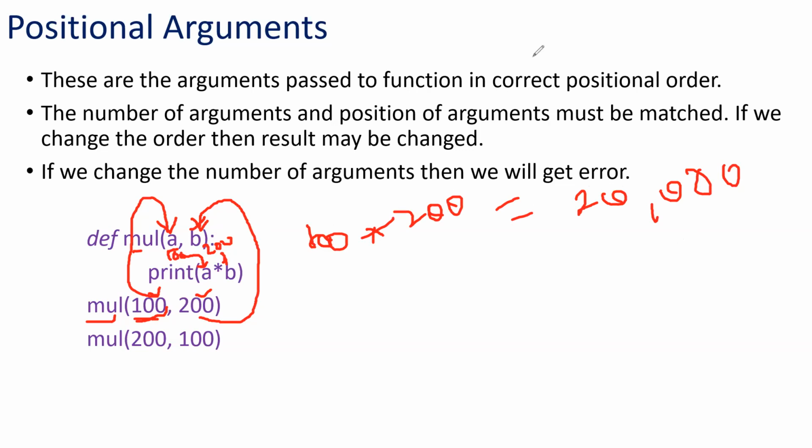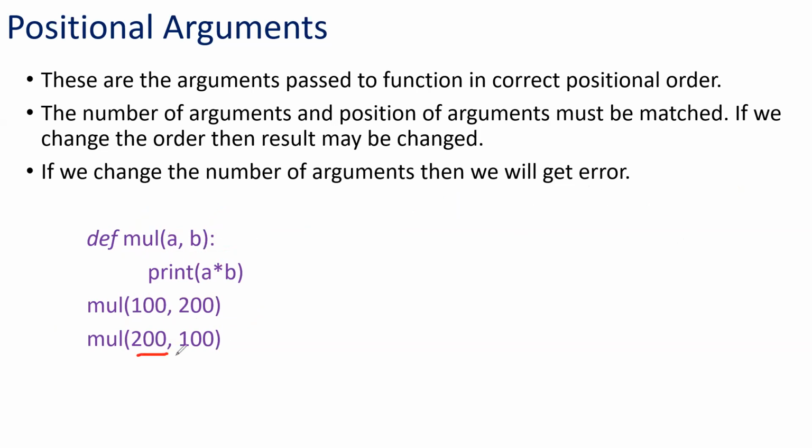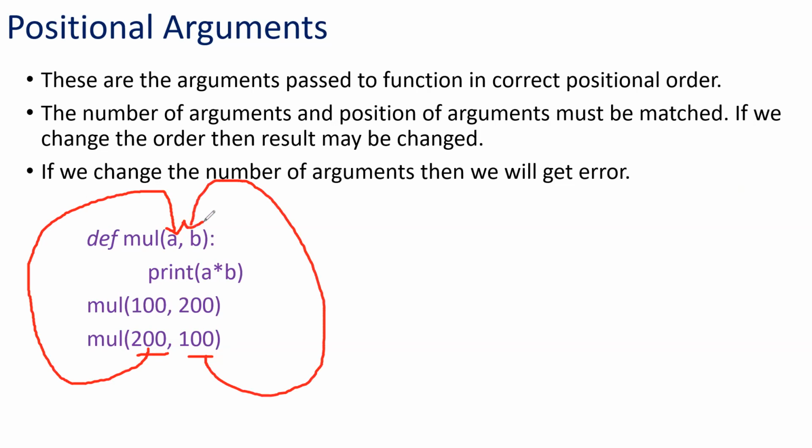Now, second example, mul(20, 100). Based upon the position, the first value goes to a and the second goes to b.